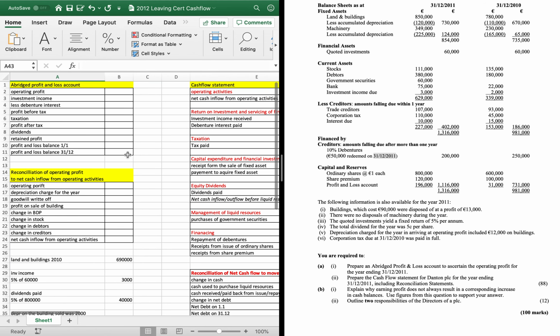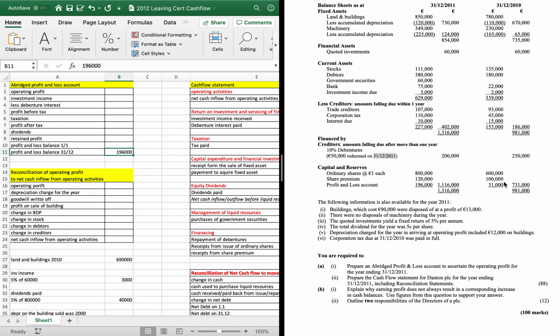So again, always starting at the bottom of the abridged profit and loss account. You start off at 196 because that's this year's profit.